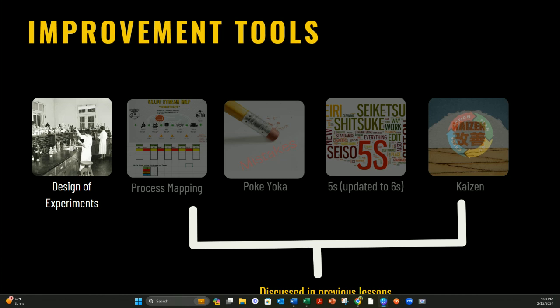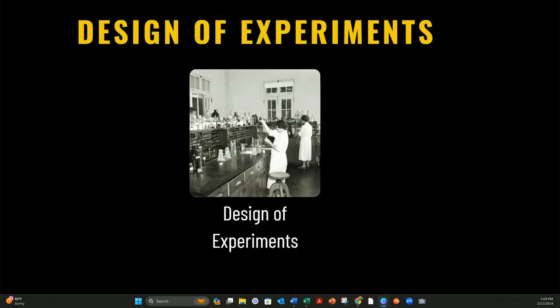The thing that I want to talk about the most is how do you design your experiments? The design of experiments, or DOE, is a fundamental statistical approach that plays a critical role in optimizing and improving processes within various industries. By systematically planning and executing experiments, DOE enables organizations to efficiently explore the relationship between multiple input variables and their effects on the output.